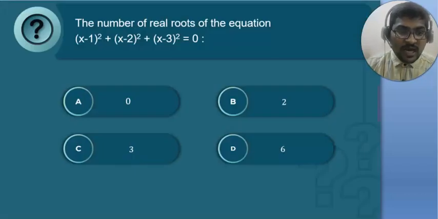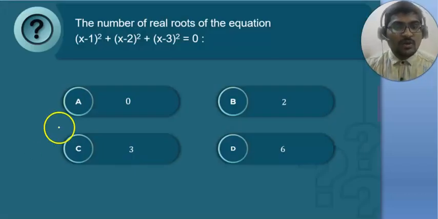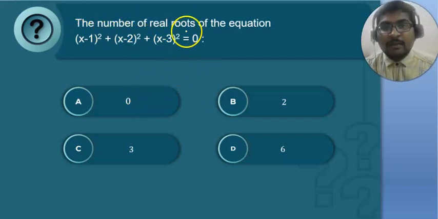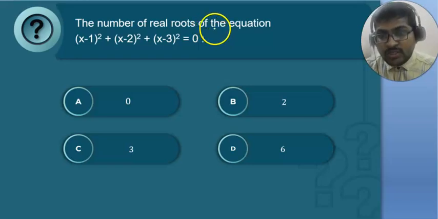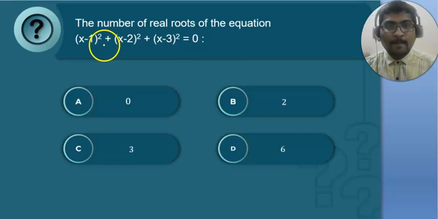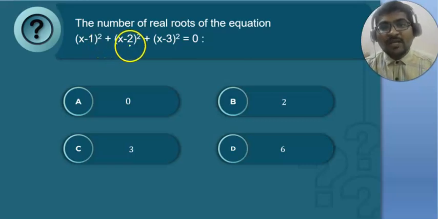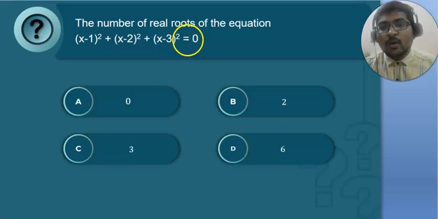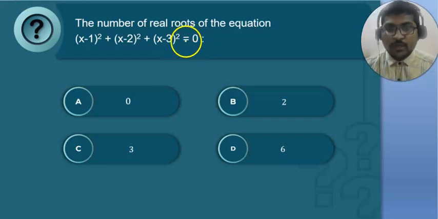Let us discuss some more questions. Students, look at here. The number of real roots of the equation x minus 1 whole square plus x minus 2 whole square plus x minus 3 whole square is equal to 0.